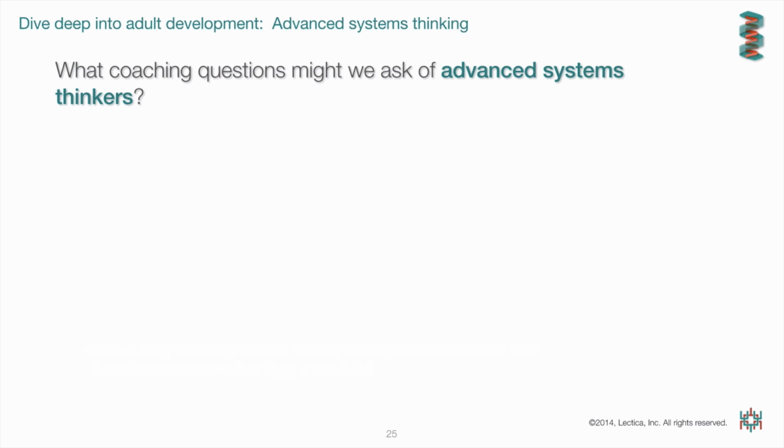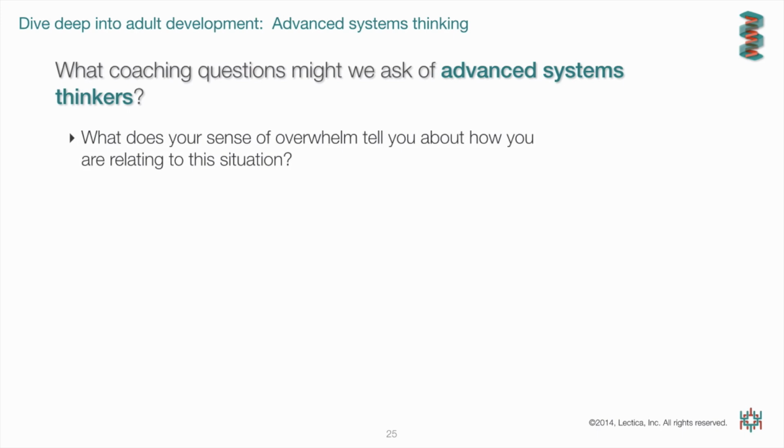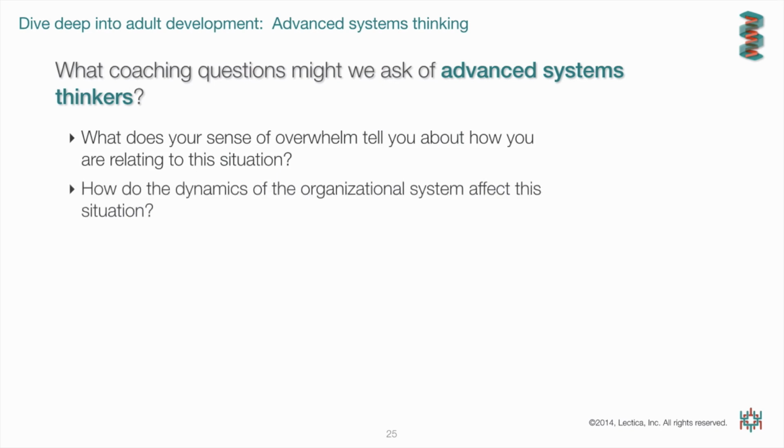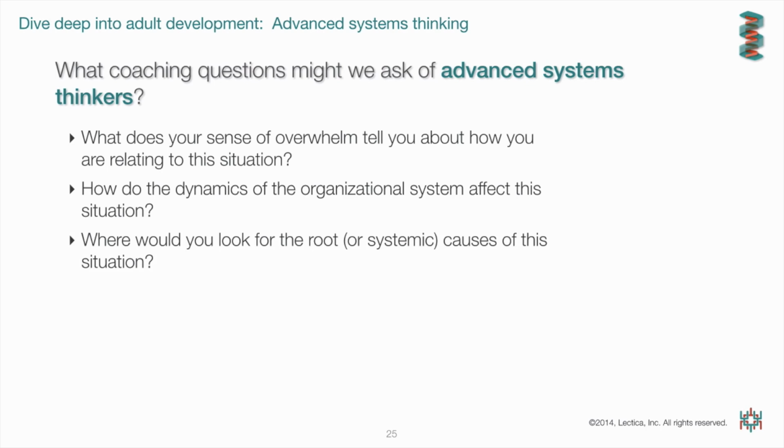What coaching questions might we ask of advanced systems thinkers? Here are some examples. What does your sense of overwhelm tell you about how you're relating to the situation? How do the dynamics of the organizational system affect this situation? Where would you look for the root or systemic causes of this situation?